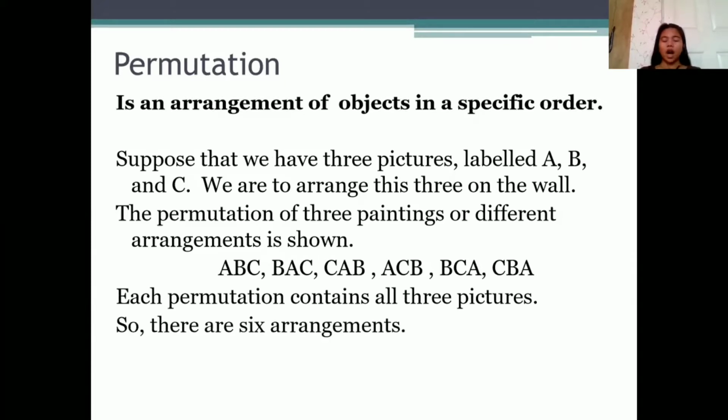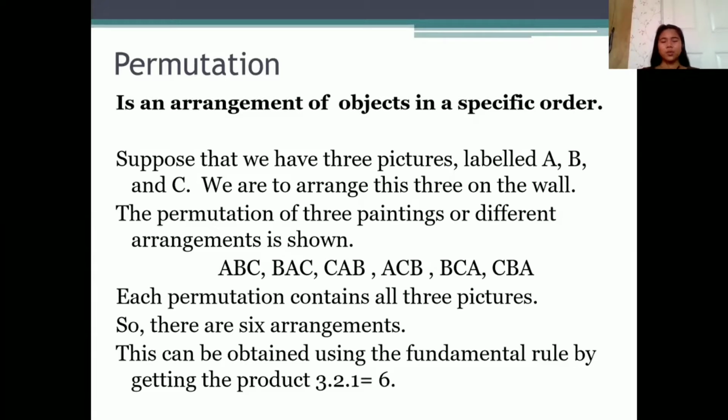So how many arrangements or permutations do we have? We have 6 arrangements. And this can be obtained using the fundamental rule by getting the product. Since we have three pictures, we multiply 3 times 2 times 1, which is equal to 6.